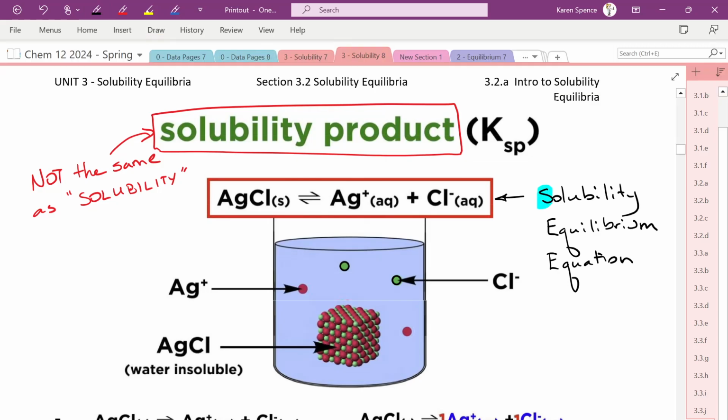And we're going to use this so often that I'm going to start abbreviating it as the SEE, the solubility equilibrium equation, or the C.